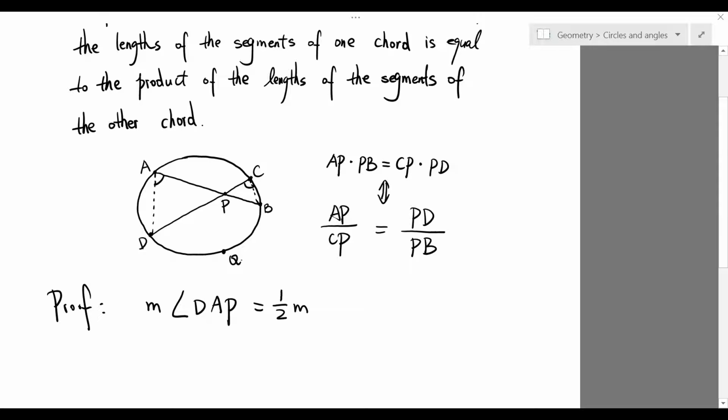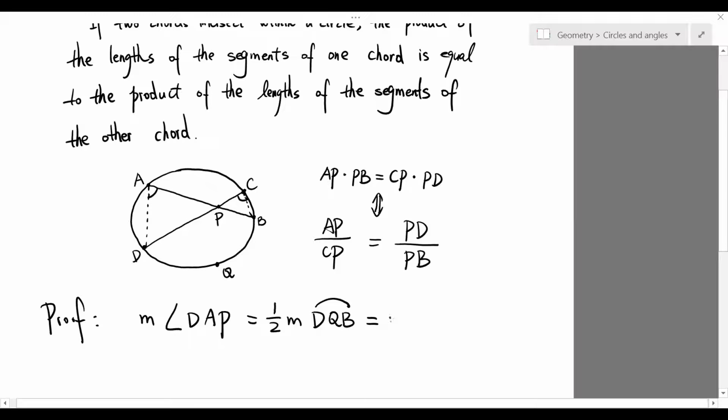And we're going to pick a point here. Let's denote this point as Q. So the arc DQB is the arc intercepted by the inscribed angle DAB. Okay, and on the other hand, this same arc is intercepted by the angle BCD as well.